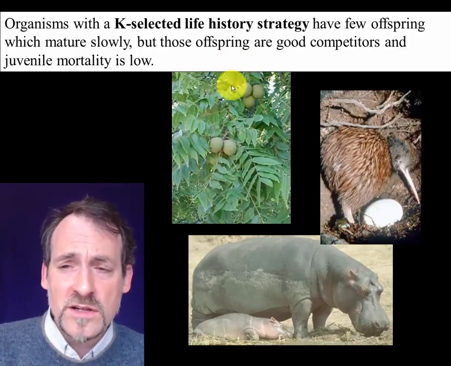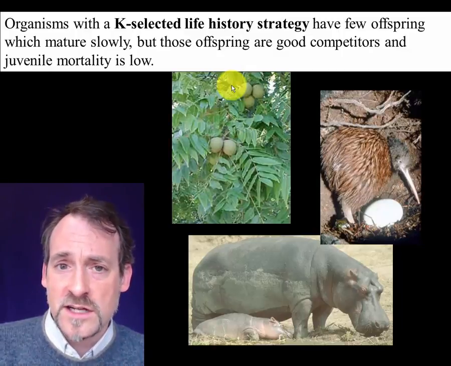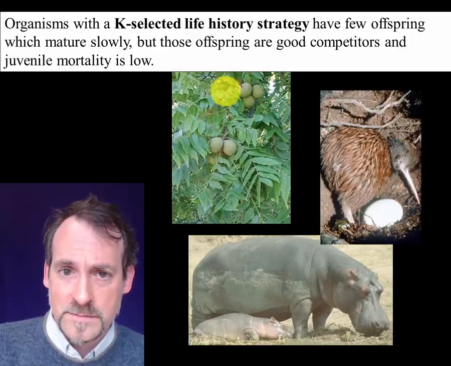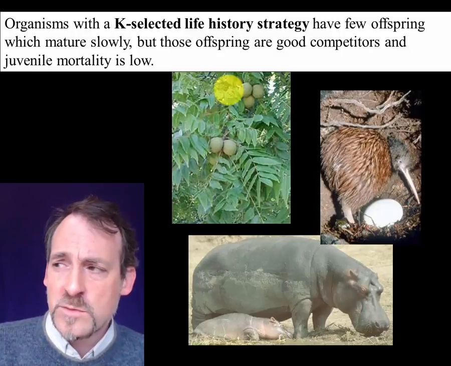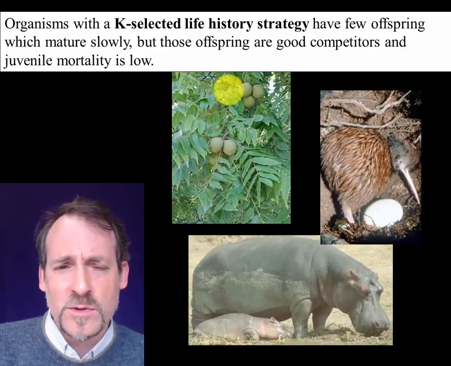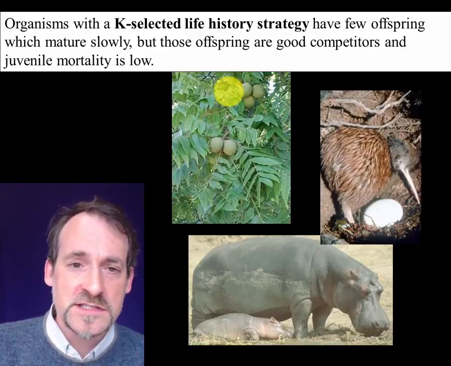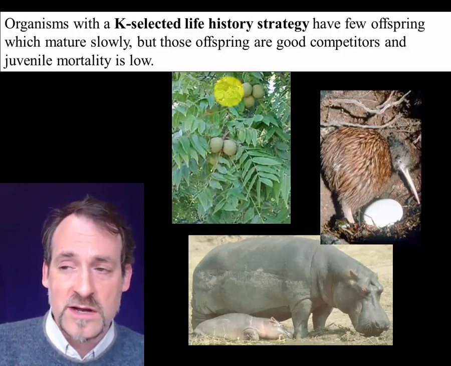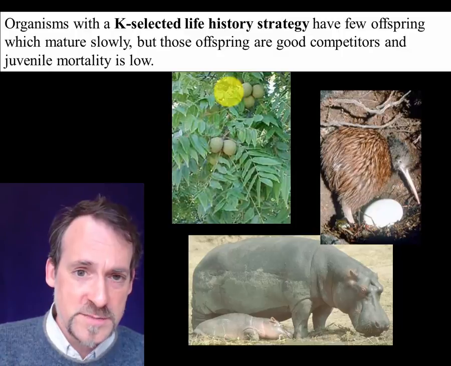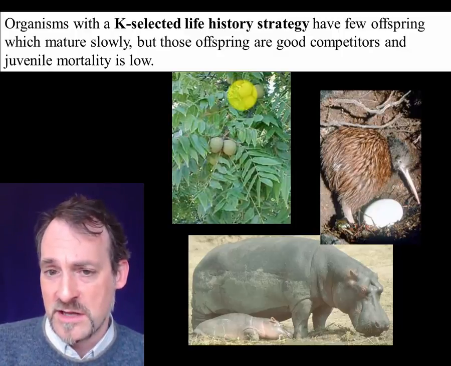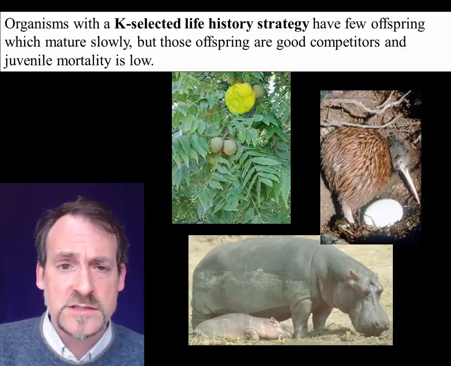Okay, all of those traits tend to cluster together. And this is probably one of the most important dichotomies in ecology, that you have some species that specialize on speed, and you have some species that specialize on efficiency and competition.